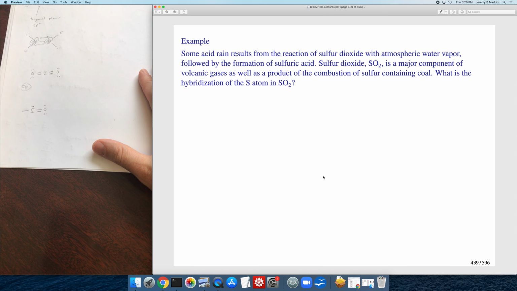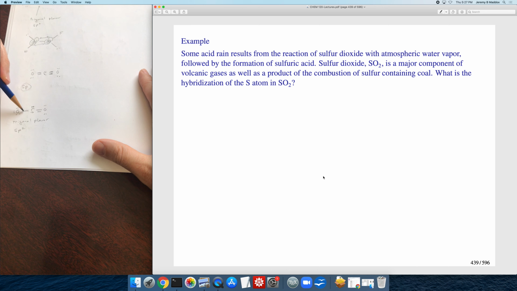And then we could draw resonance structures for this as well, but I'm just going to stick with one structure here. So we have, essentially, 3 VSEPR electron pairs. And so this would be a trigonal planar structure, and then it would have sp2 hybridization.